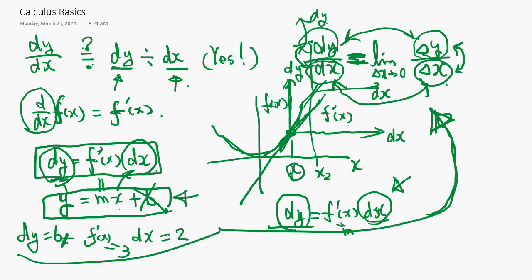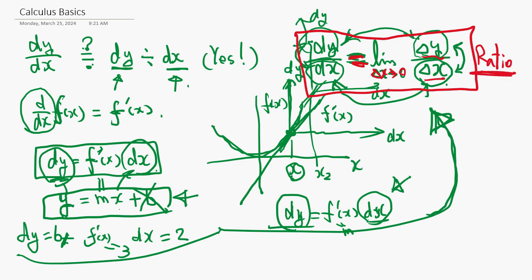So you have to be very careful. It's equal when delta x goes to 0, and that means delta x and delta y become very small, but they are not equal to dy dx. Delta y divided by delta x, this ratio is equal to dy dx. And that makes sense, right?